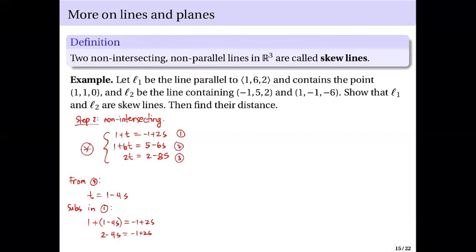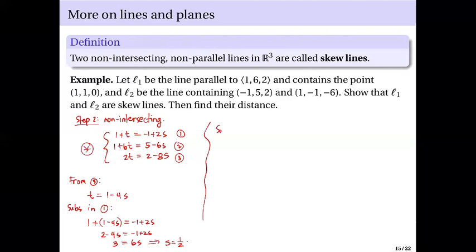And we will get 3. So we put this negative 1 to this side. So 2 plus 1, that's 3. And then we put minus 4s to the other side. Will give us 4 plus 2s, which is 6s. And this gives us s equals 1/2. Which means if we plug this in, so substitute in this part here.